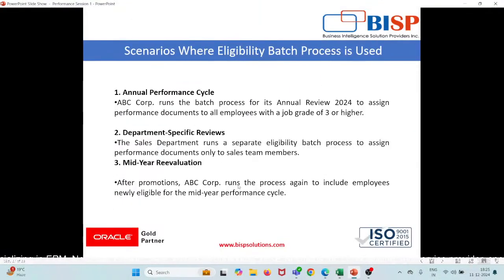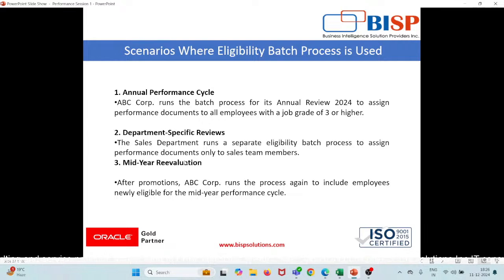So the first scenario where the eligibility batch process can be used is the annual performance cycle. ABC Corporation runs the batch process for its annual review to assign the performance document to all the employees with a job grade of 3 or higher. The second scenario is the department-specific review.